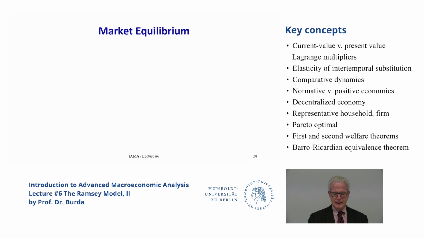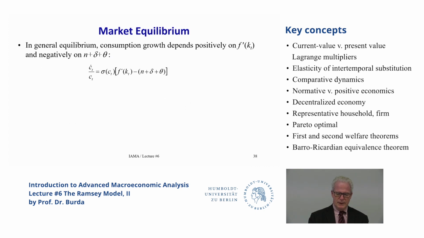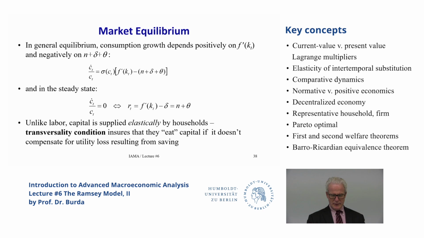Okay, so the market equilibrium, when supply of labor and capital equal demand and the goods market clears, will basically look very similar to what we had before. Again, we have to impose that households don't irrationally accumulate capital without end, although they could have actually consumed it, i.e. not continued to maintain it.